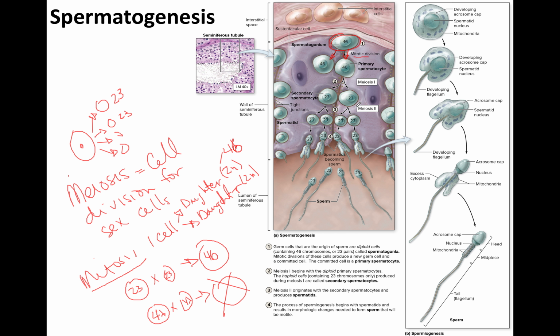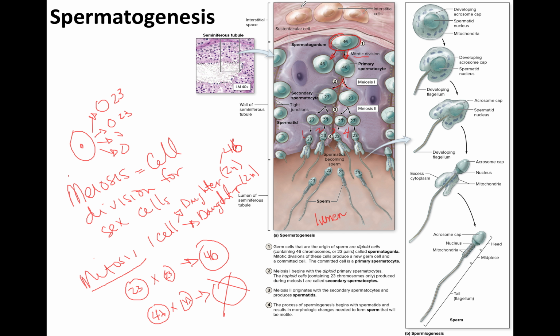It divides mitotically so that one cell can become 2 cells, and then each of these new cells is going to go through 2 rounds of meiosis in order to create 1, 2, 3, 4 sperm cells towards the lumen of the seminiferous tubule. If you don't do a round of mitotic divisions up here, this cell would divide into 4, and then you don't have a beginning cell anymore, which is really bad.